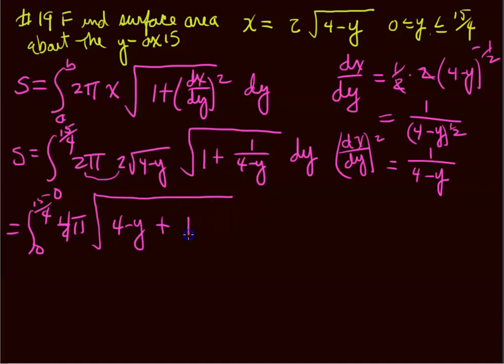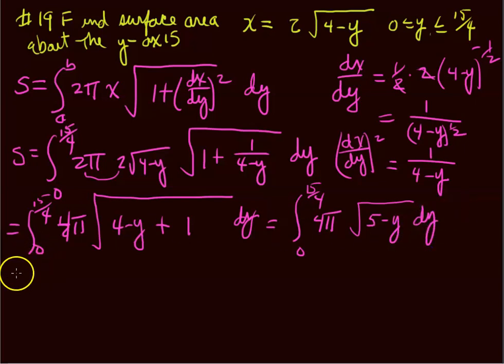Because the 4 minus y's cancel, dy. So we've got the integral from 0 to 15/4 of 4 pi, and this is just the square root of 5 minus y, dy.